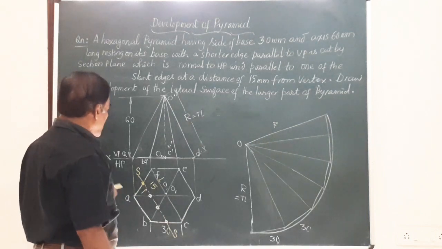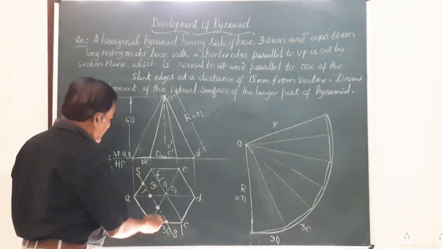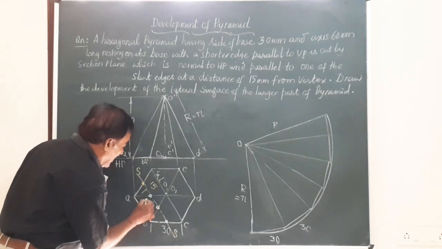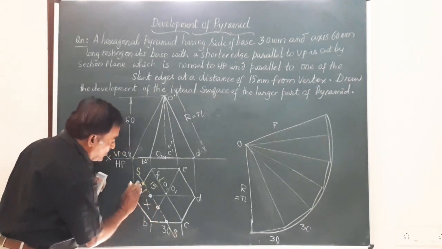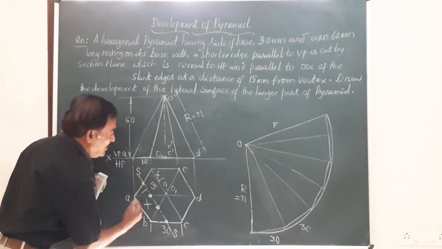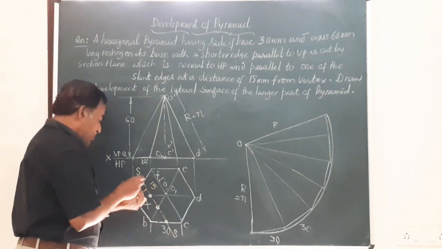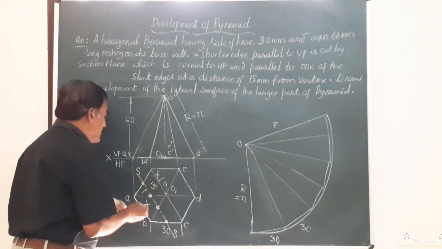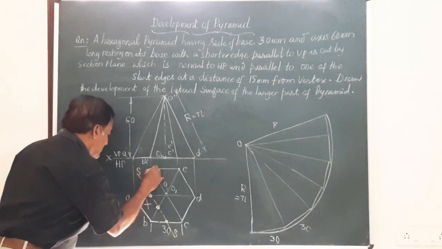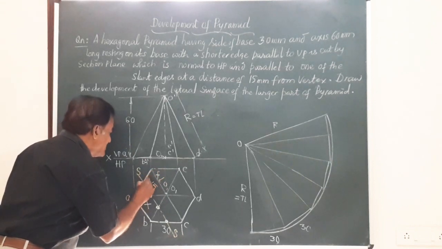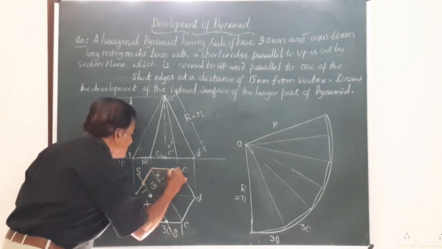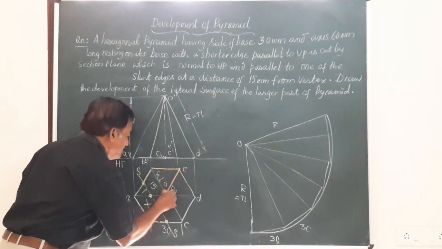Friends, you can also observe here, after marking this, the smaller part I am going to throw away from SS this much, and the remaining part I am going to retain. So the part that is retained will be shown like this.